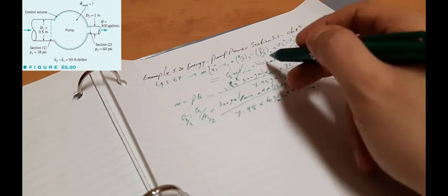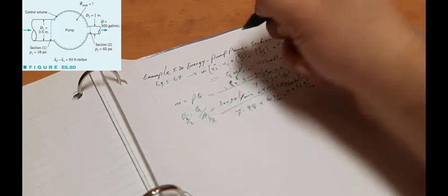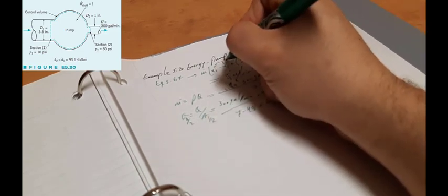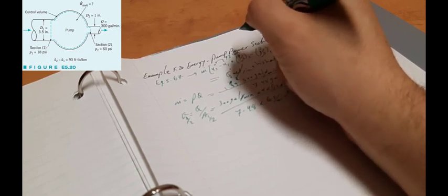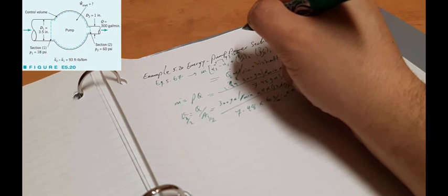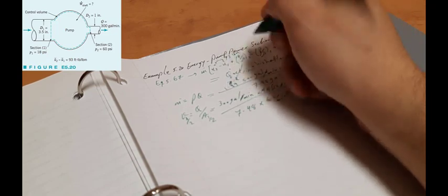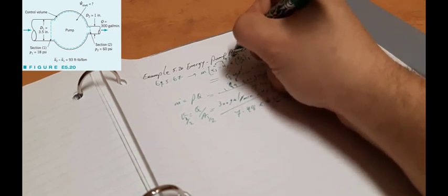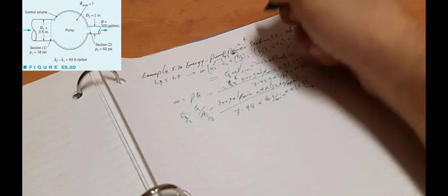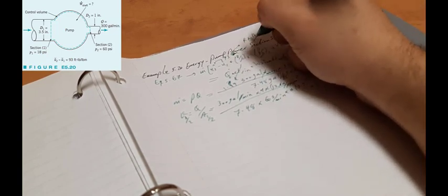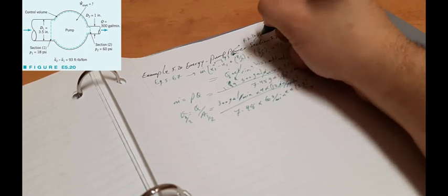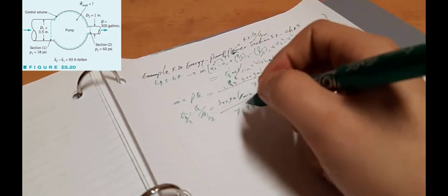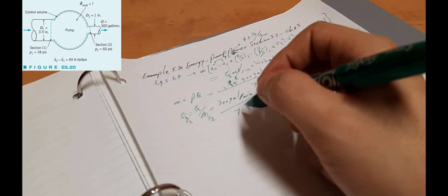In here, W of the shaft is gonna be, this term is defined as 93 foot-pound-force per lbm. So we have all of the information.